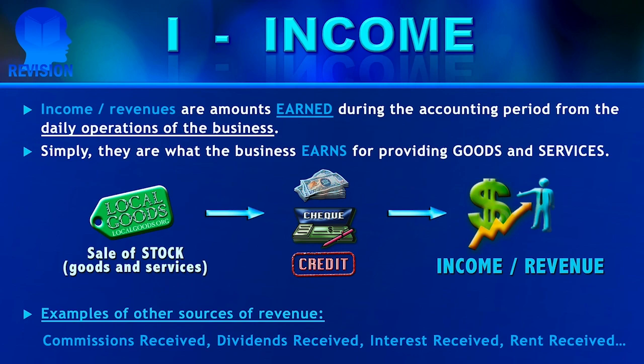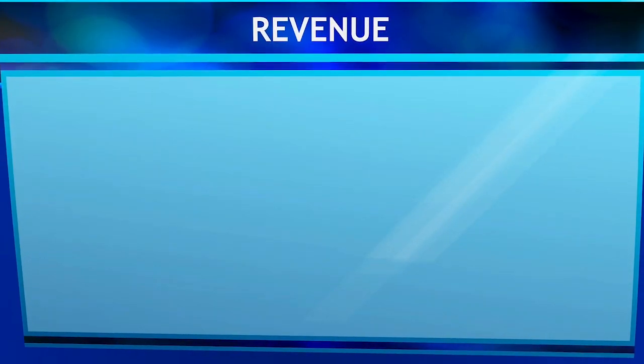So that will all be revenue that is earned. Other examples of sources of revenue would be commissions received, dividends received, interest received, rent received, discount received. So the common word there is received. That's how you would know that it is revenue.